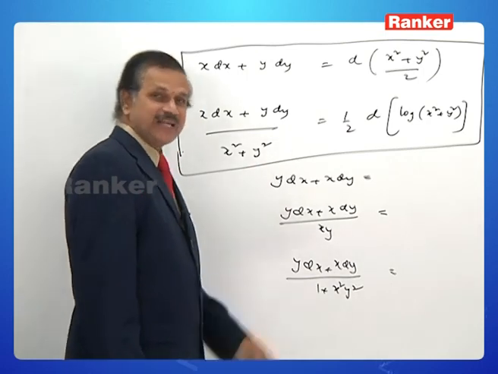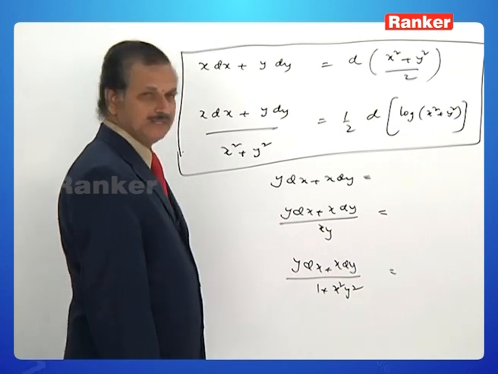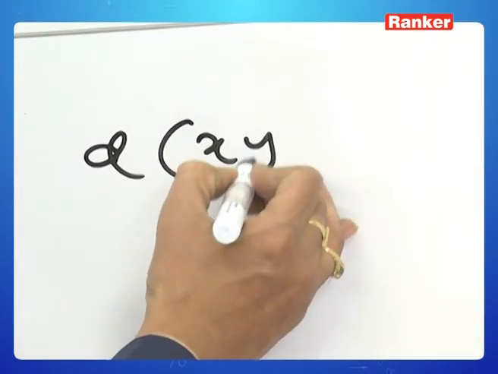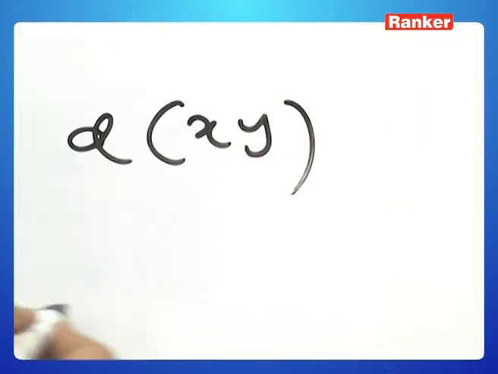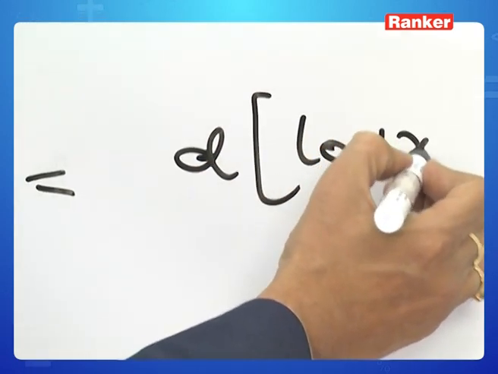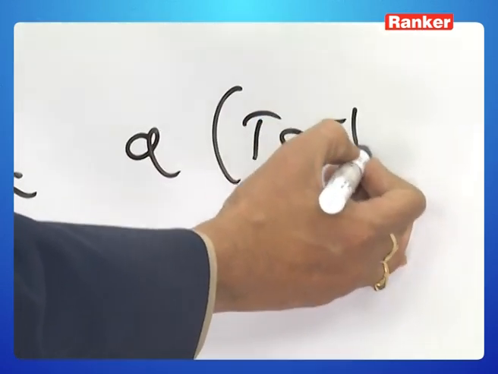In these three formulas, the numerator is the same, y dx plus x dy. This is nothing but d of xy. This is nothing but d of log mod xy. And this is nothing but d of tan inverse xy.